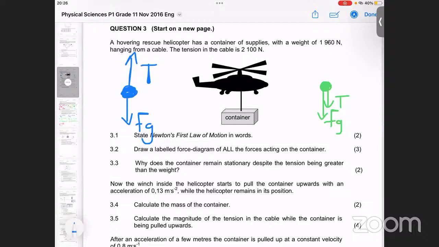Chiro, can we speak the honorable member? Are you still there? Yes, sir. Now let's talk. We are drawing a labeled free body diagram of what? Of the container. Okay. If this is the container, which forces are acting below the container?